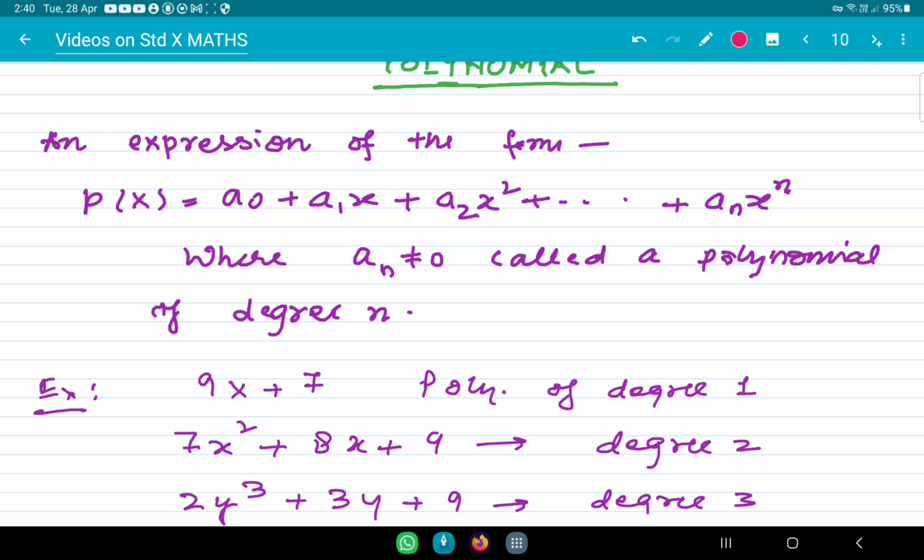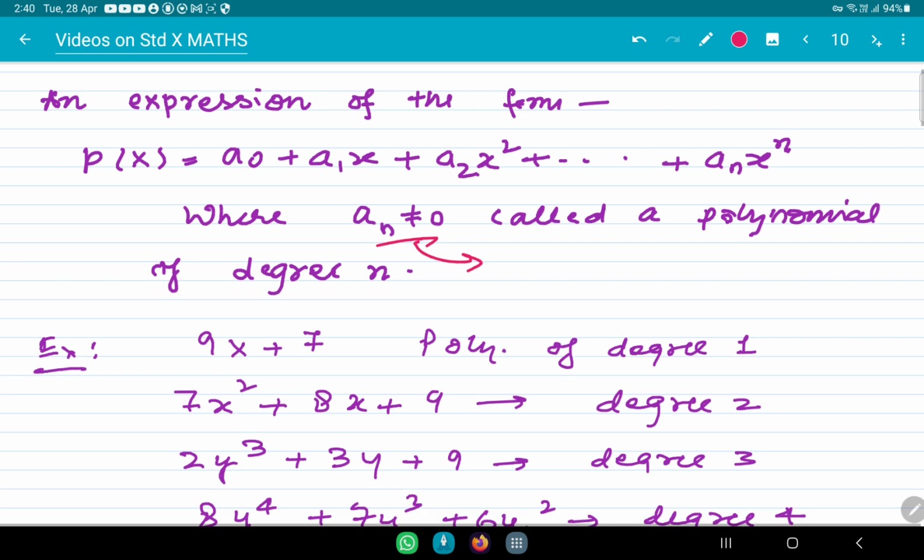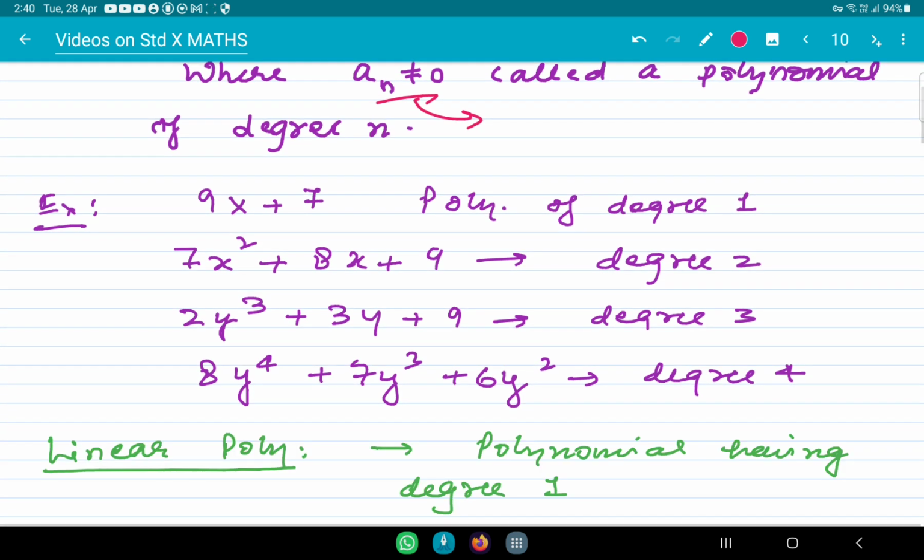All can be represented in the form of an, where if we put 1 instead of n, it will be a1, a2, a3 like this. They should not be equal to 0. If they become 0, then the polynomial can't exist.